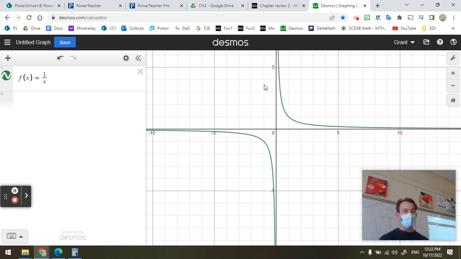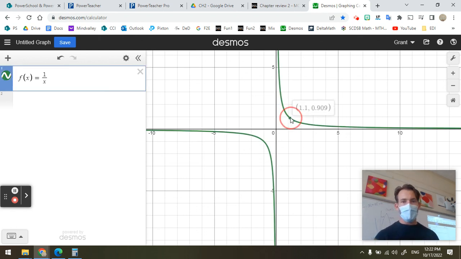So let's take a look at some values. If I put 1 on the bottom of a fraction, it's just 1, right? So that's why we have the point (1, 1) there. And if I put negative 1 on the bottom of a fraction, there it is down there, negative 1. But as x gets big, if x is 2 and I put that on the bottom of a fraction, I get 1/2.